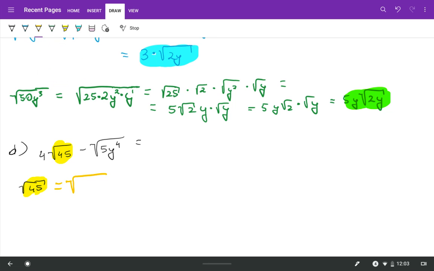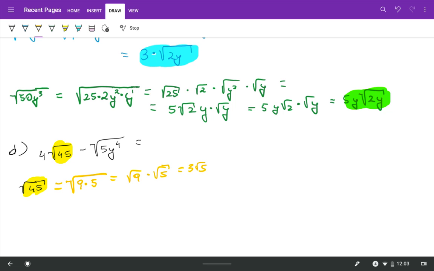One of the products will be a perfect square. So 45 is the same as 9 times 5. And this is the same as square root of 9 times square root of 5. Like you see, when I factor the expression or the number under the radical, I always pick a perfect square. So square root of 9 is 3. So we have 3 square roots of 5.